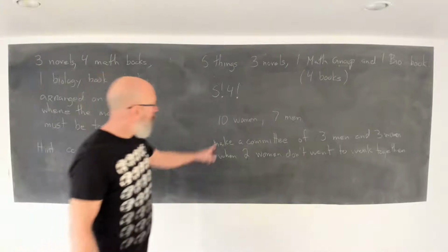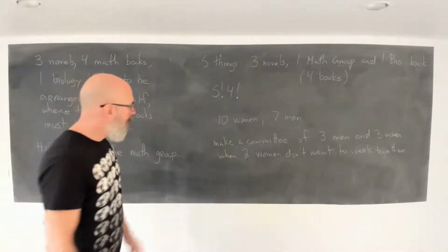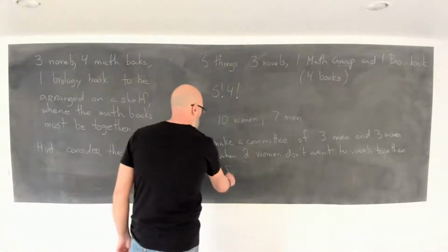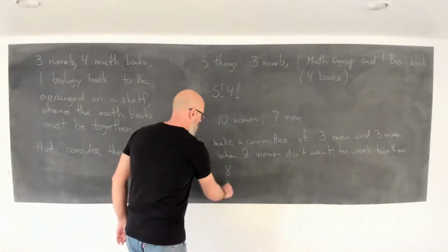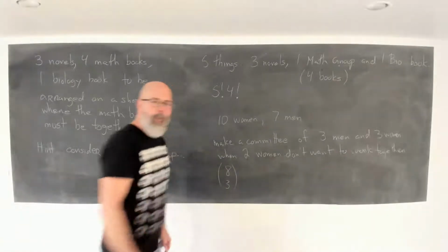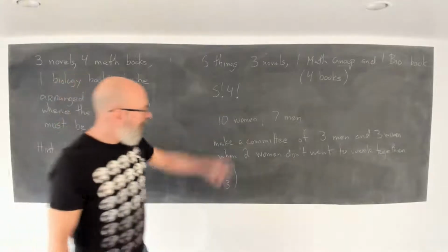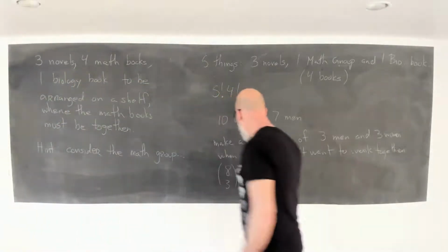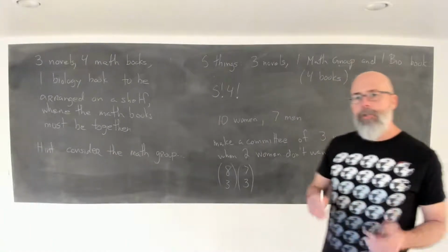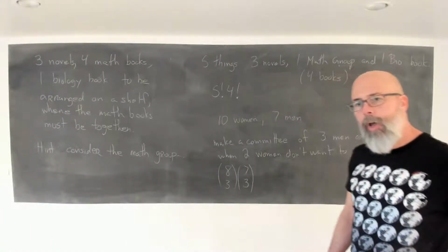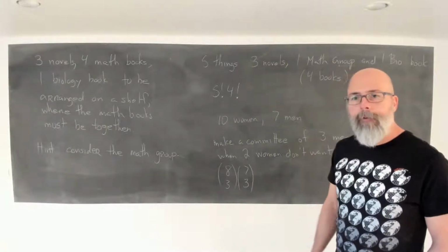You start out with 10 women, but let's remove those 2 women. So you're left with 8 women, and you want to choose 3 of them. So 8 choose 3, and 7 choose 3 for the men. This is the number of committees where neither woman is there.